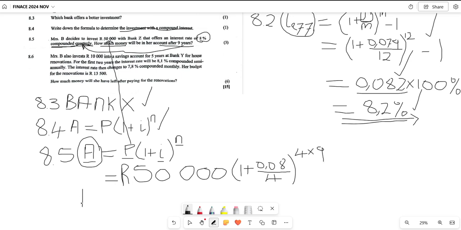Then the accumulated amount for Mrs. B after 9 years will be equal to 50,000 rand invested by Mrs. B, times 1 plus 0.08 divided by 4, all to the power of 4 multiplied by 9.